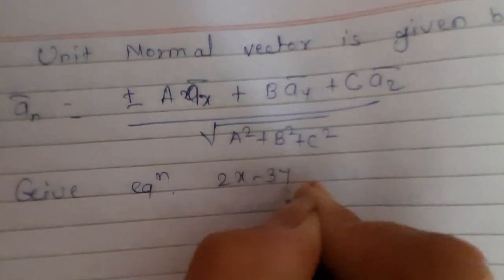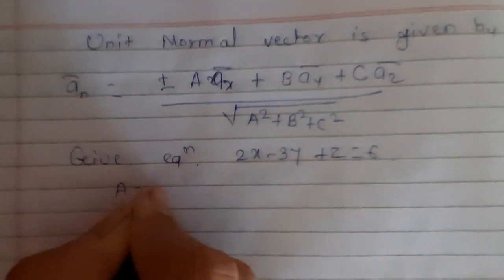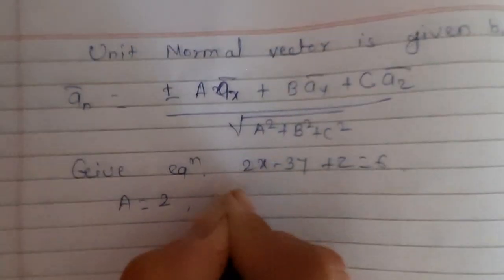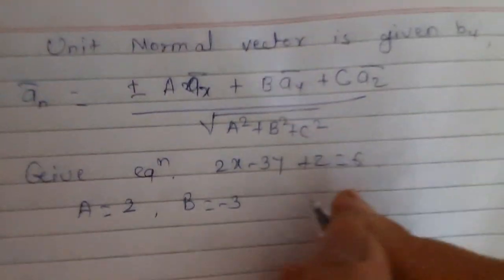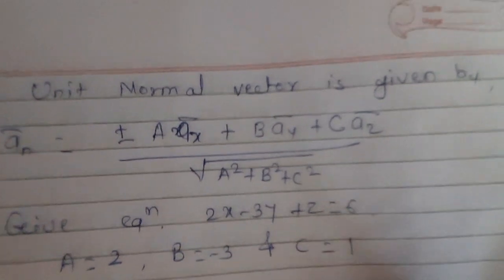So the given equation is 2x minus 3y plus z is equal to 6. So we can compare it and we get a is equal to 2, b is equal to minus 3 and c is equal to 1.